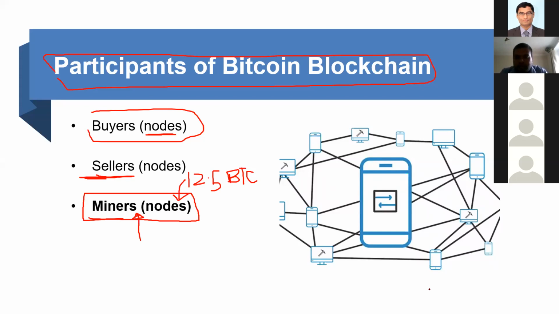Somebody asked a question, so keep on asking questions, I will answer them at some point. Thank you, Divya. So 12.5 Bitcoins are being printed by somebody on this planet every 10 minutes. We will dive deeper into this. The miners are the heroes of this blockchain.